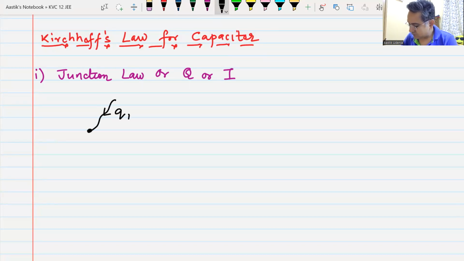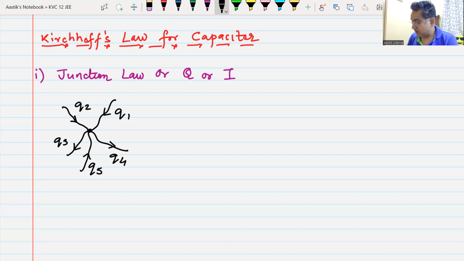If there are different branches meeting at a junction, here as you can see the name of the junction is A. This law is based on the law of conservation of charge, or you can call it law of conservation of current.